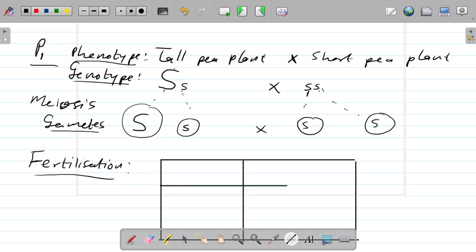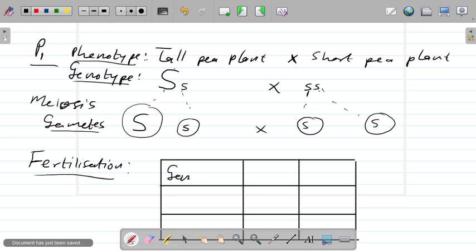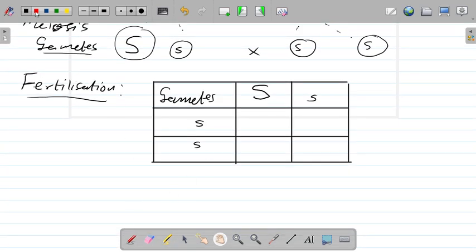The gametes for the male are big S, small s. Then for the female, small s, small s. Then combine. Our offspring: this will be crossed with this one, that's big S, small s, and this one, big S, small s, and this one, small s, small s, and small s, small s.